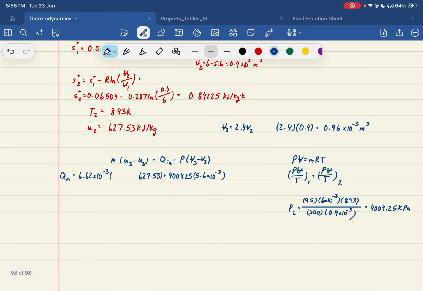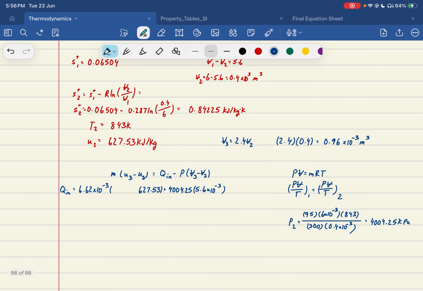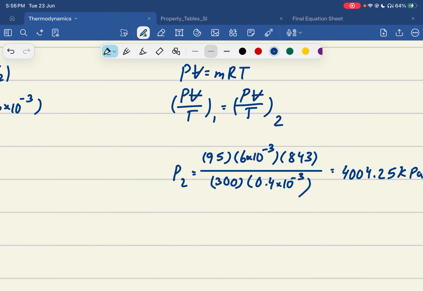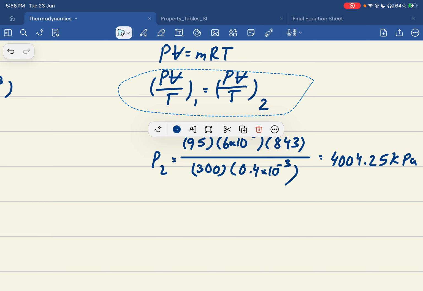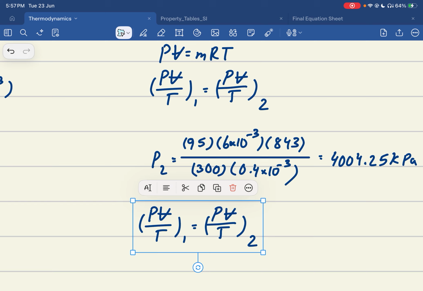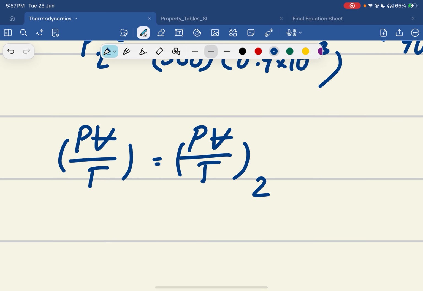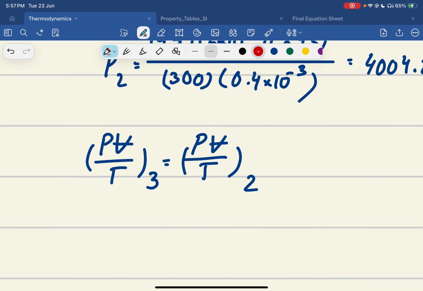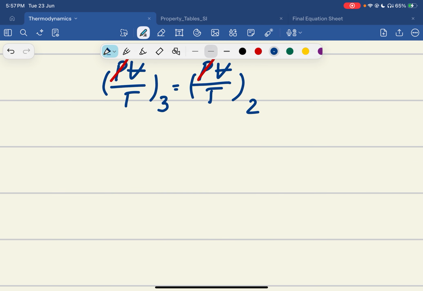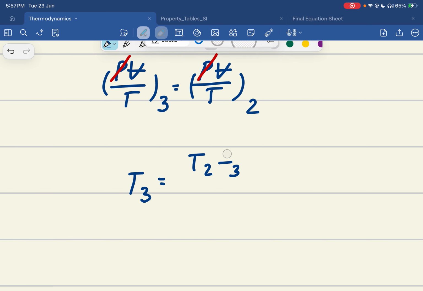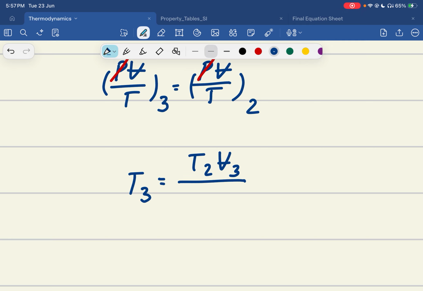To find our U3 value, we can find our temperature 3 value. So same thing here, but instead of saying state 1, we can say state 3. We know the pressures are equal, and we know V3, so we can say T3 equals T2 times V3 over V2.